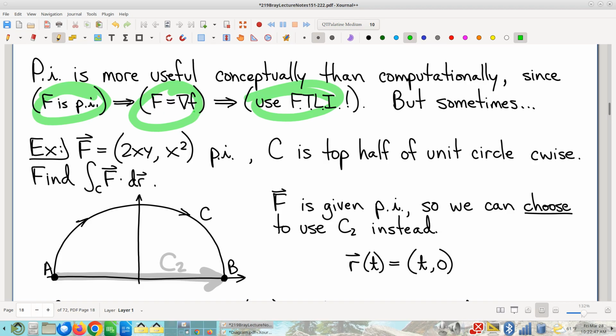My analogy here, in my tools in the toolbox metaphor, is that path independence is a screwdriver. But we already have one of those kind of screwdrivers, right? We already have the fundamental theorem of line integrals. And having two identical screwdrivers doesn't really help that much. Now, there are some counterexamples to that, and I want to be clear about this.